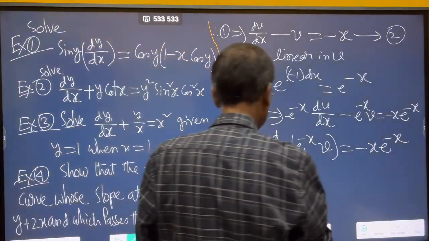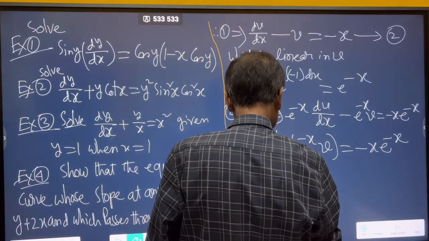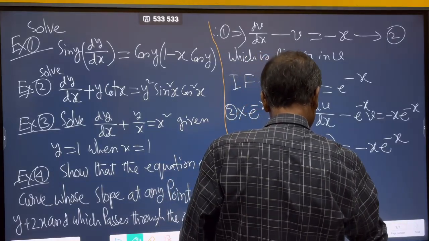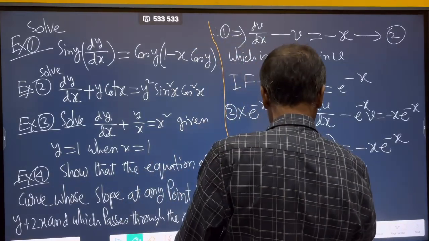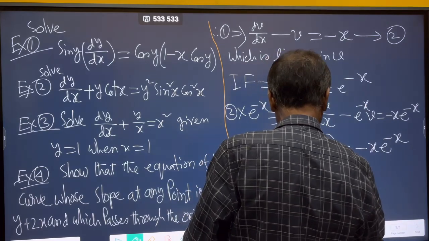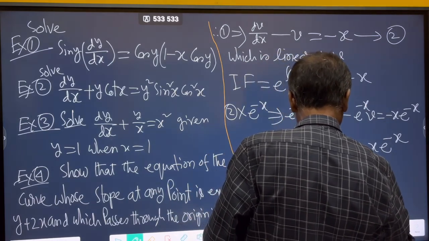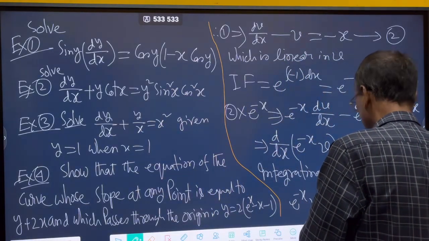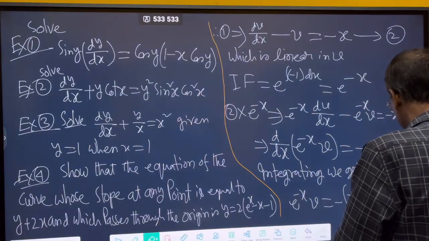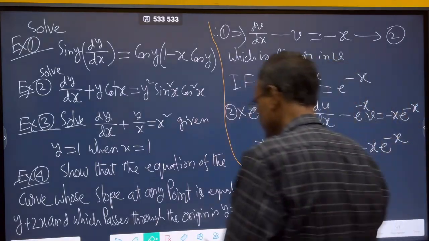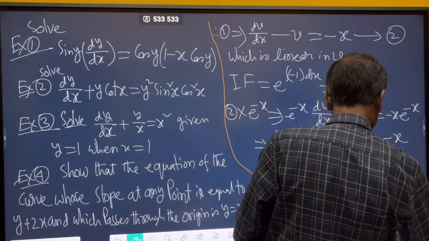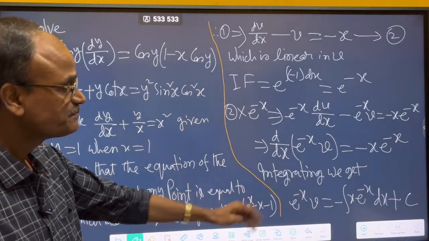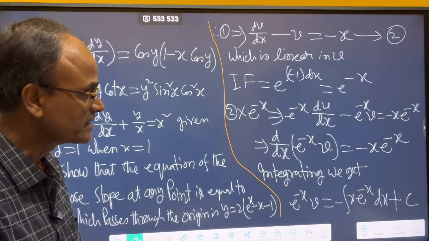Integrating, we get e to the power minus x v equal to minus integral of x e to the power minus x dx plus c.